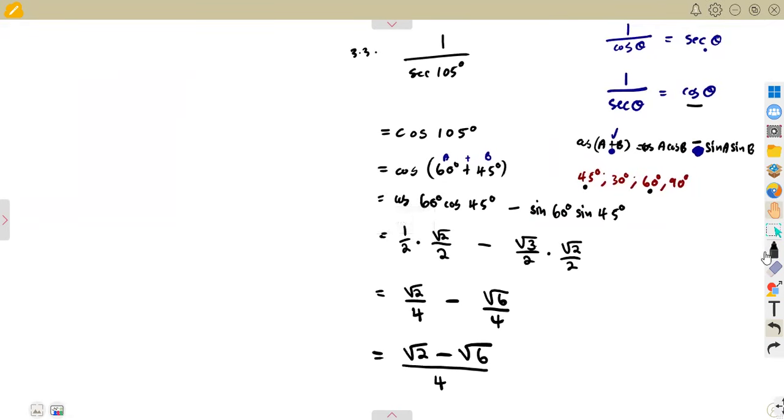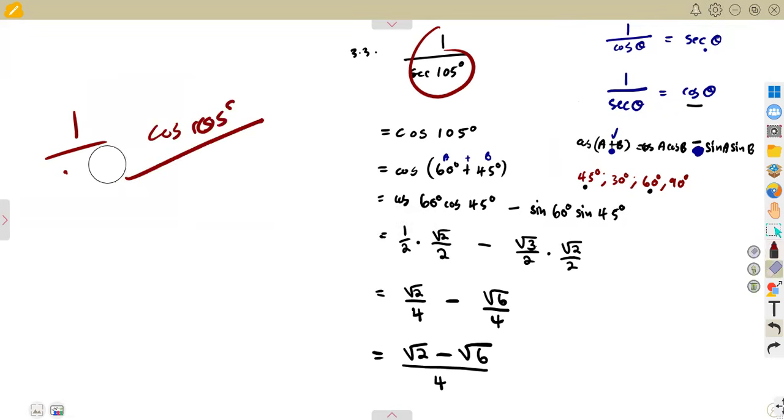So when it says do not use a calculator, they are saying at this stage, do not just take your calculator, 1 over the sec is same as 1 over the cos of this, then it gives us the cos of 105. You just take your calculator simply, not like that.